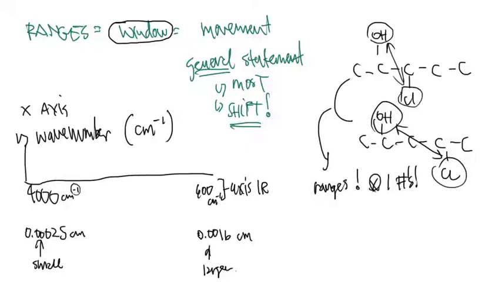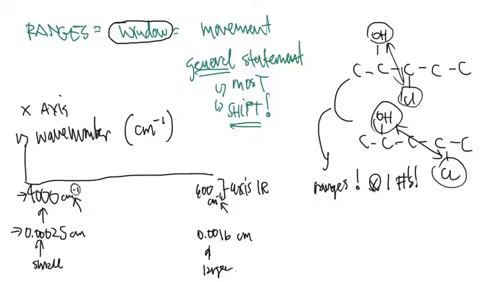The problem is the units that we have to measure in, and these units are per centimeters, which means that we take a number like 0.00025 and take the inverse of it to get 4,000. To some people, this is a better number to look at than these really tiny decimal numbers.